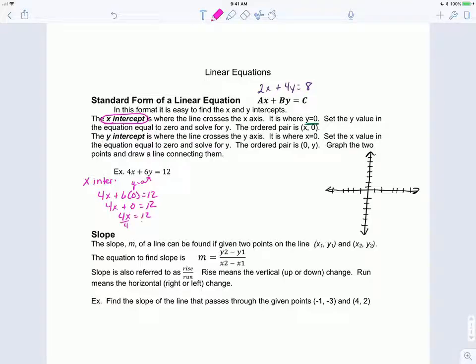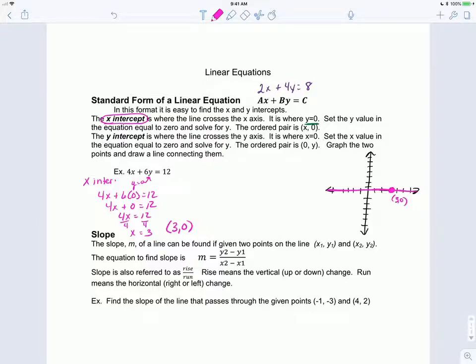If we divide by 4, we get x is equal to 3. But remember, that is on the x-axis, so that ordered pair is 3, 0. It has to be along this x-axis for the x-intercept, and so we're here at 3, 0.